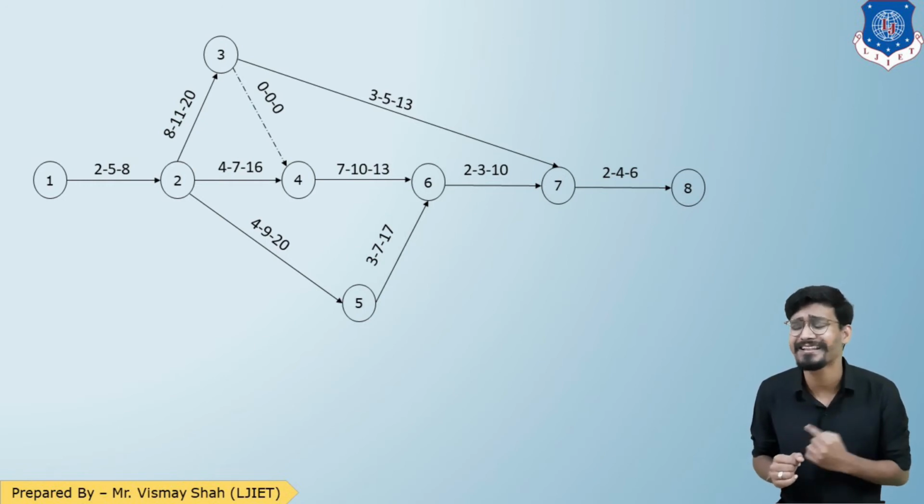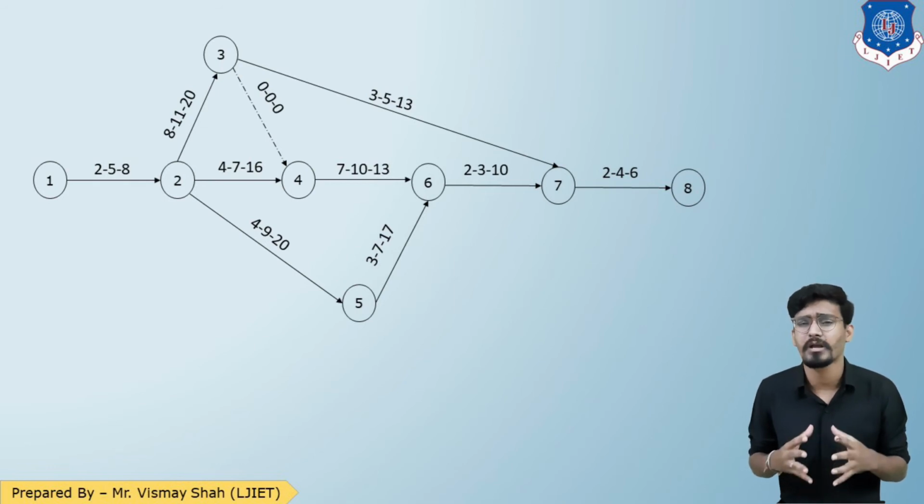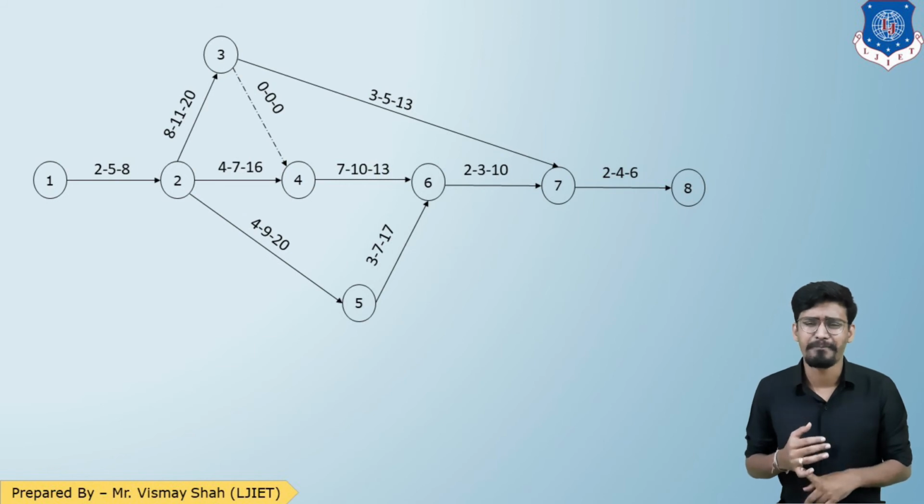In this network, time estimates are represented as TO-TM-TP. So we need to find the total duration and critical path. So we know that we need to find the total expected time by the formula TO plus 4TM plus TP divided by 6.